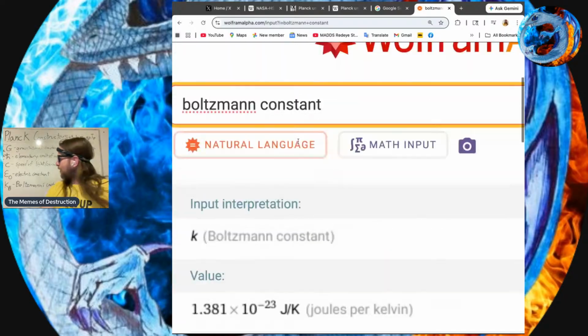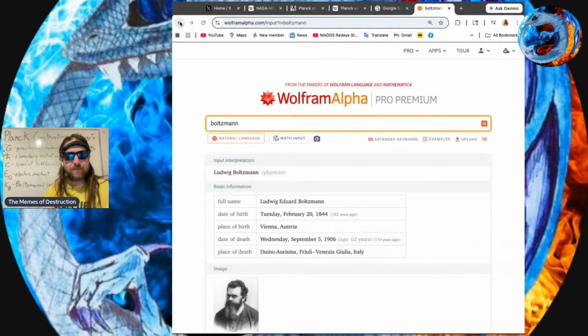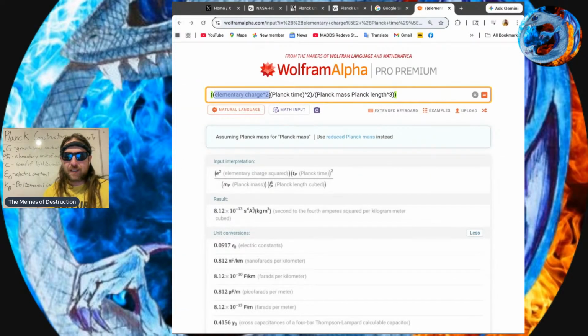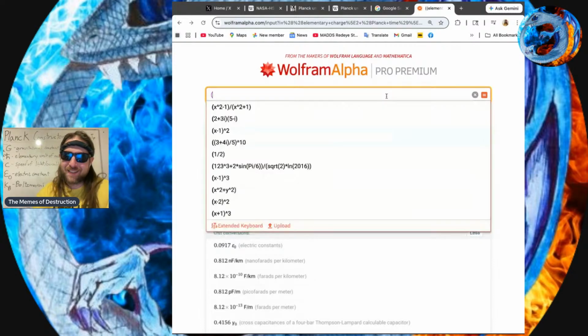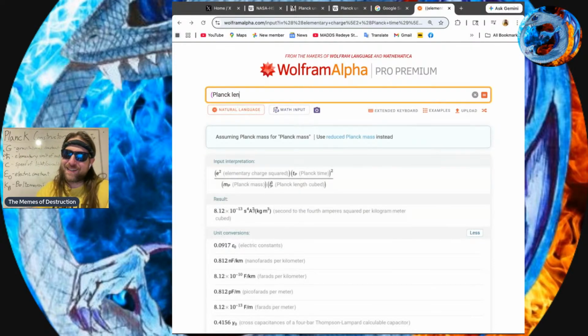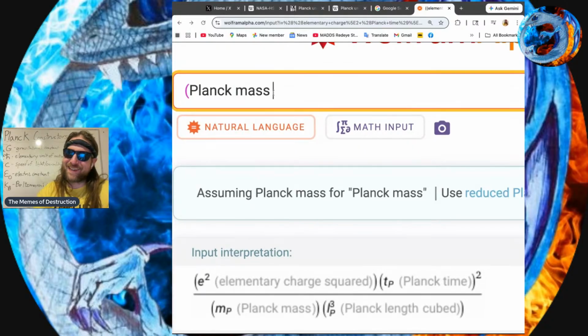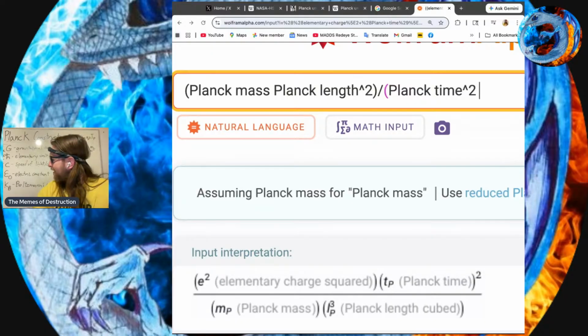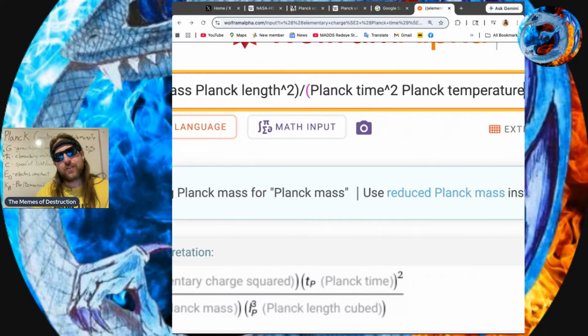If we do the same thing with our Planck units, we fill in Planck mass, Planck length, divide by Planck time squared, and then Planck temperature.